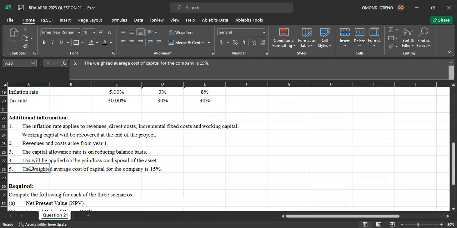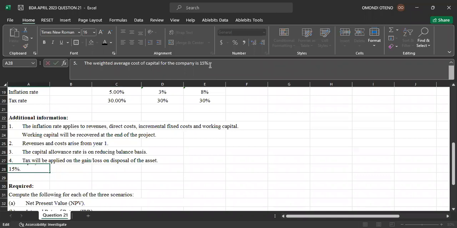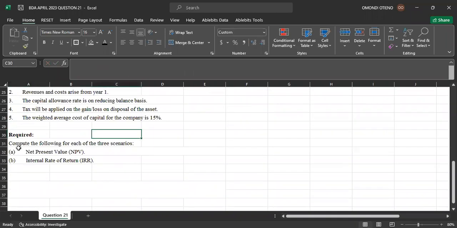This weighted average cost of capital is what we used yesterday as cost of capital, is what somebody will give you tomorrow in an exam, that required rate of return. Okay. Then compute, so we are required to do NPV and internal rate of return.